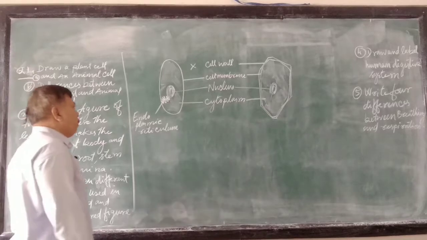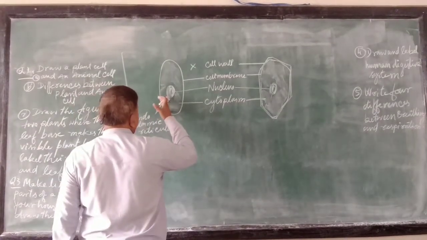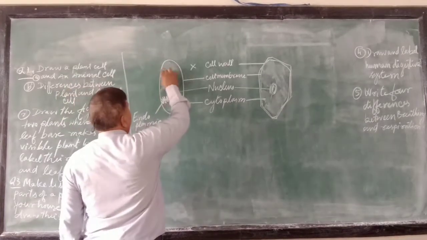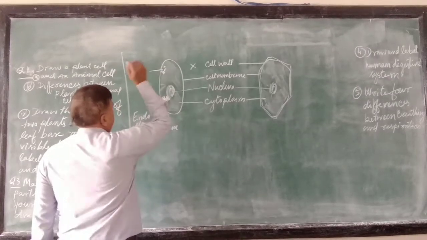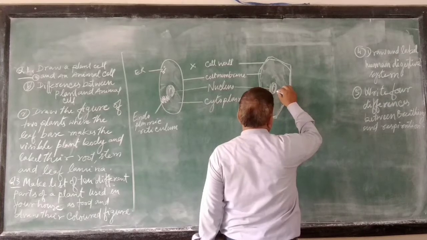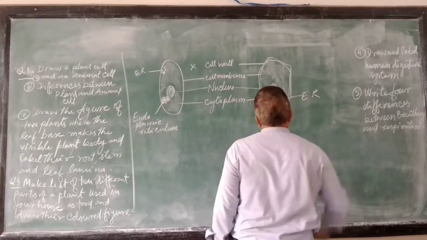Sometimes this endoplasmic reticulum may be attached to the cell membrane and the nucleus, or sometimes it remains scattered here and there. So, this is also endoplasmic reticulum. Same here, you have the transporting mechanism, that is the endoplasmic reticulum.